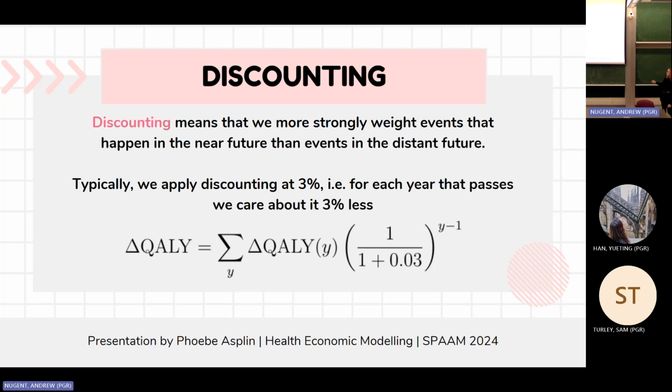And this is an example showing the total QALYs gained by the intervention, and then this here is the QALYs gained in simulation year Y. You'd also have to do the same thing when calculating your costs. Those would also be discounted.